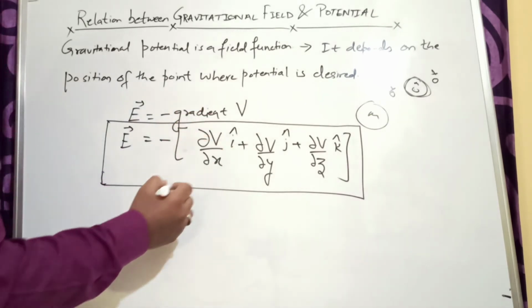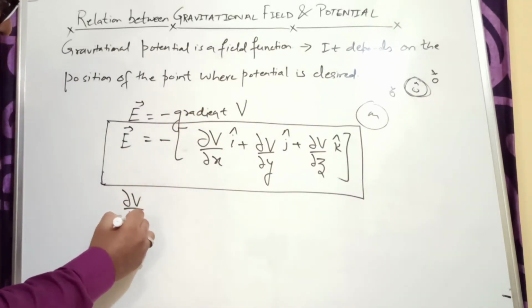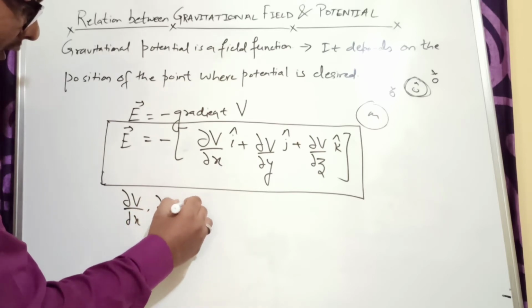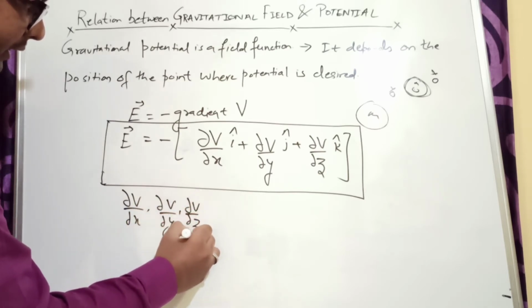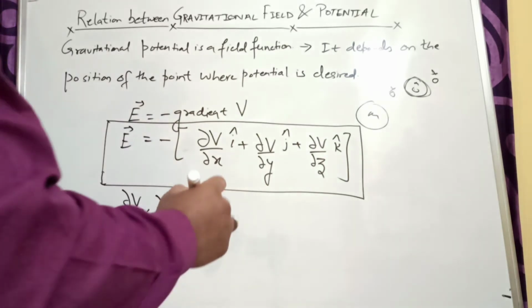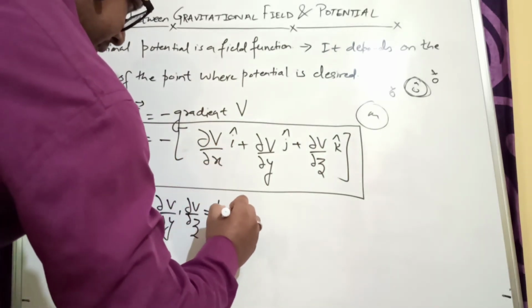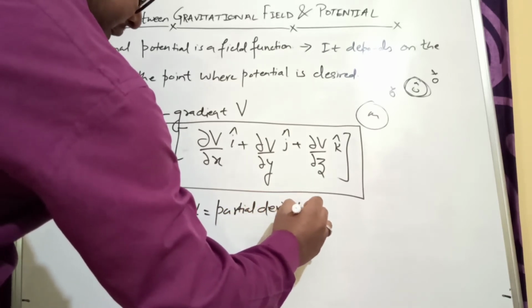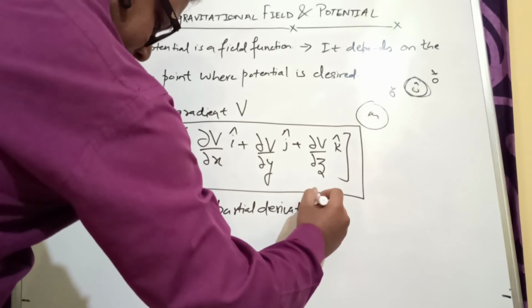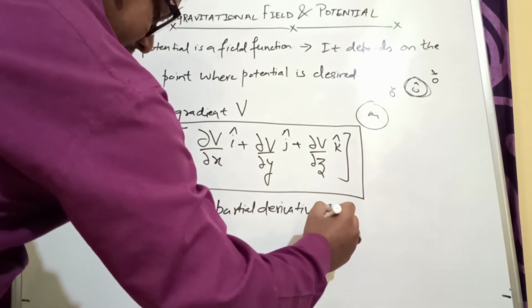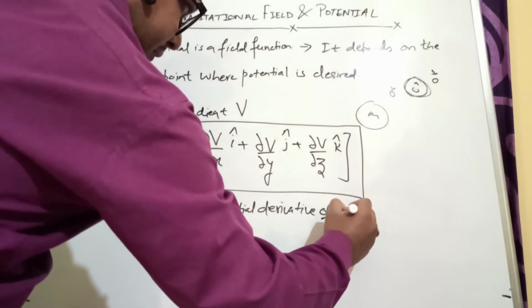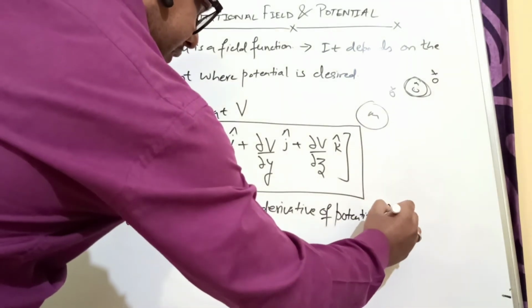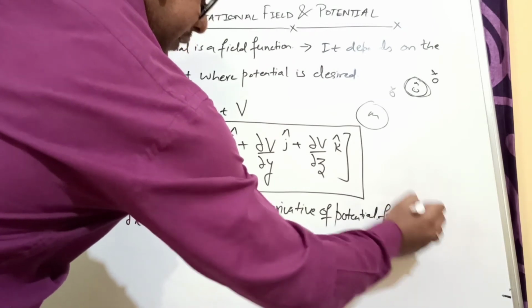And this del V by del x, del V by del y, del V by del z, these are your partial derivatives of the potential function.